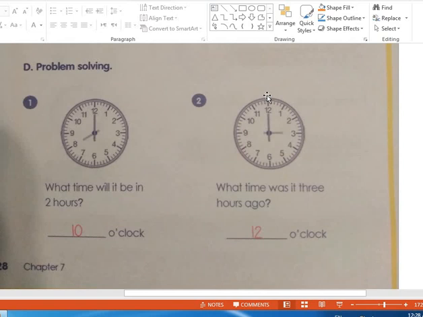The answer will be 12 o'clock. Why? Because I move the short hand back from 3, 3 hours. 1 hour, 2 hours, 3 hours. So it will be 12 o'clock.